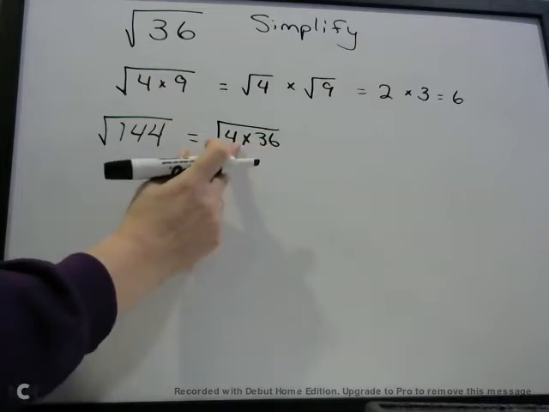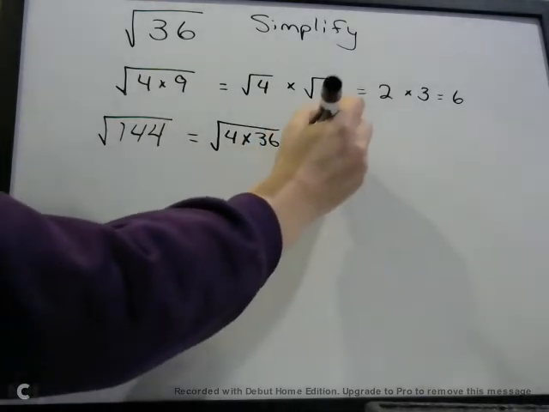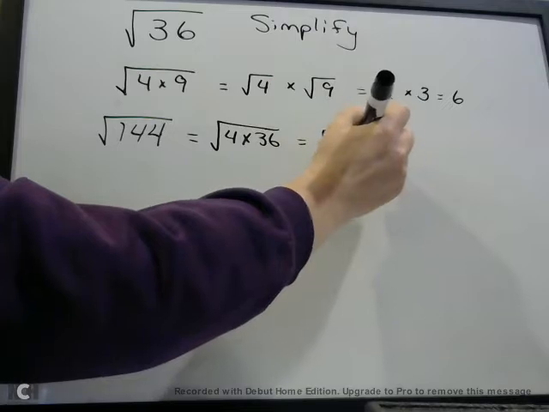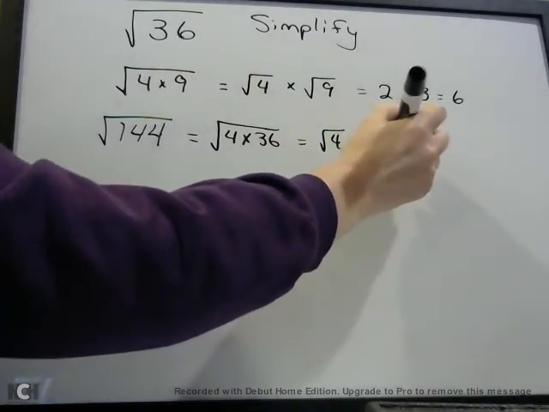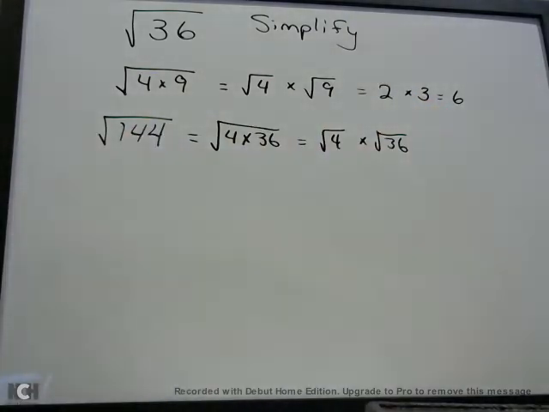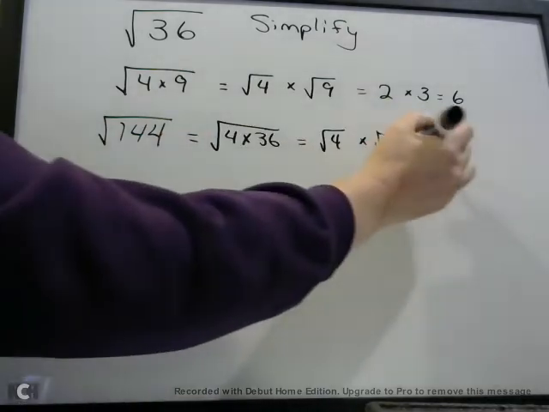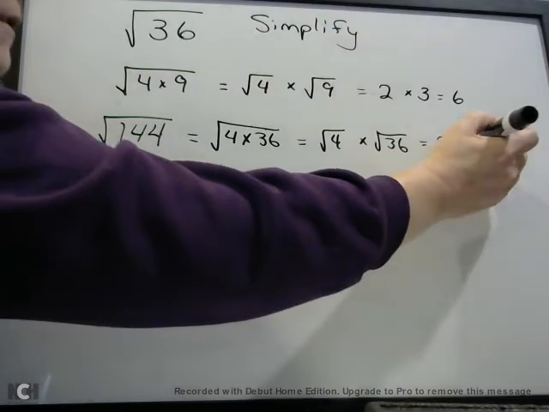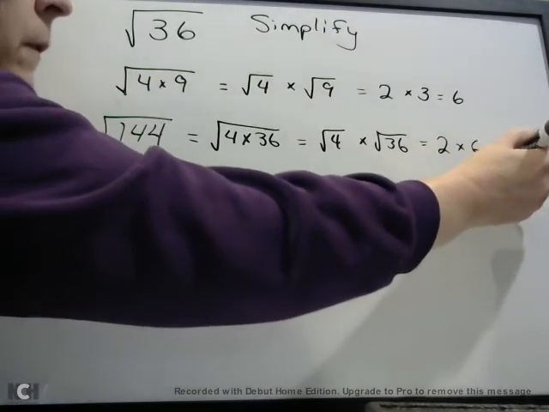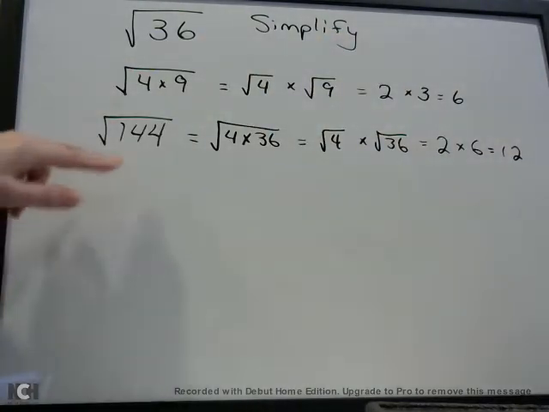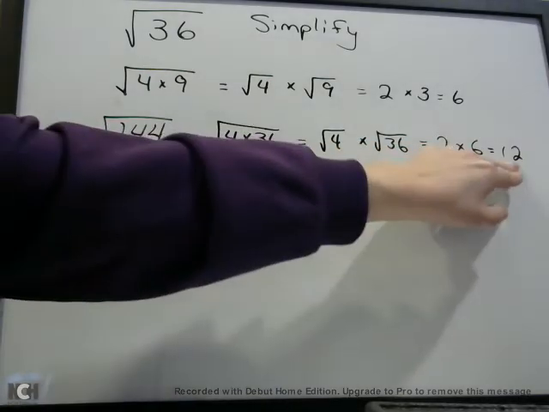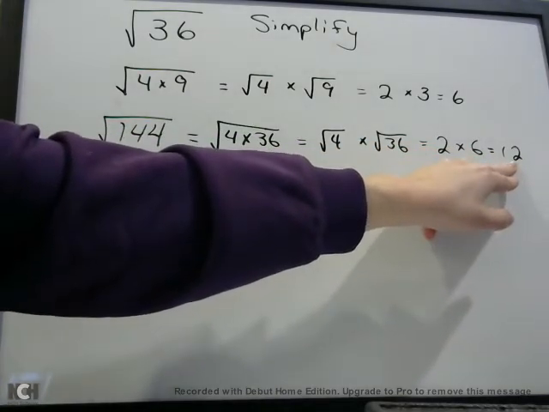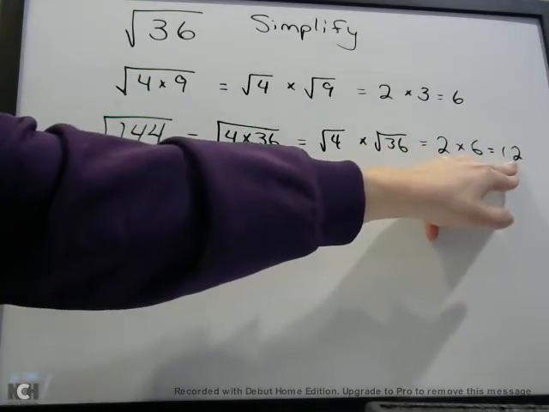So now we can write this as the square root of 4 times the square root of 36. And again, we know what the square root of 4 is, that's 2. We know what the square root of 36 is, it's 6. So the square root of 144 is 12, and you can check that by saying, what is 12 times 12?